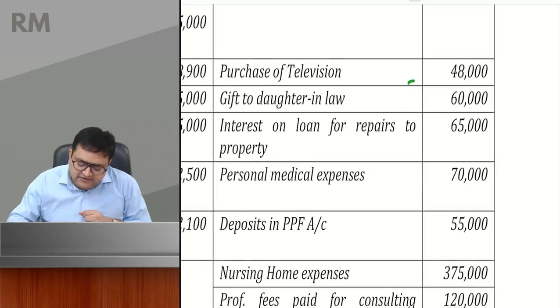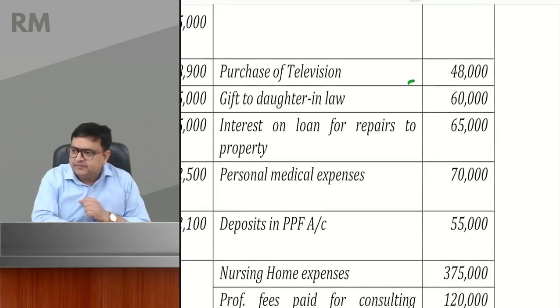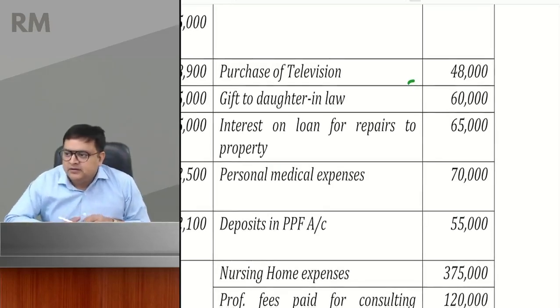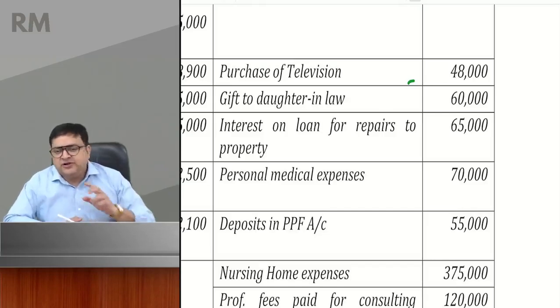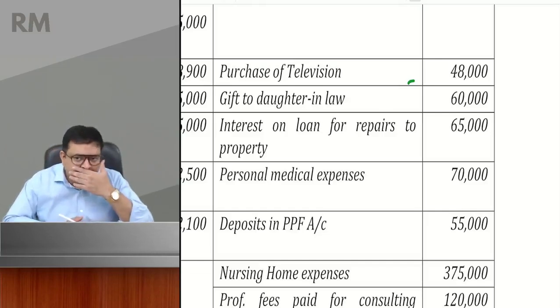Guys, what about purchase of television? Correct, Raju sir, for clients, for customers, etc. What about purchase of television? First of all, we have to see it's a capital expenditure, not a revenue expense. We will not allow it.